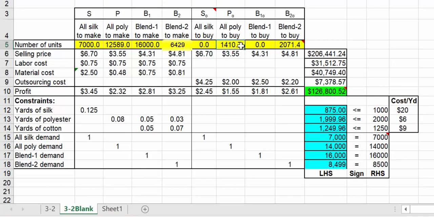Okay, and same thing for here. In terms of poly to buy, we can do the 0.7 and we can round that up. So that would round to 1,411. All right, that would round to there. And then blend 2, and that would round down as well, like so.